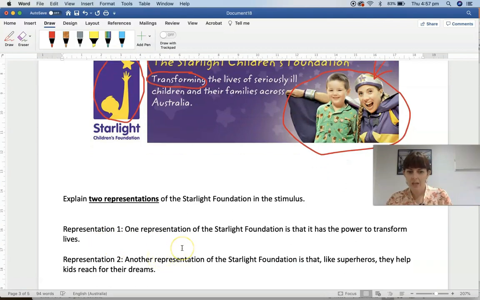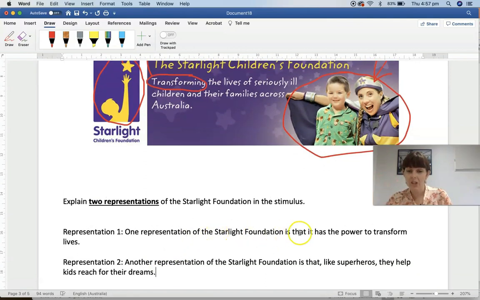They are two separate ideas that I could pursue here. That they are changing the lives of seriously ill kids, and the message there is that their company is like superheroes that help kids reach for their dreams.